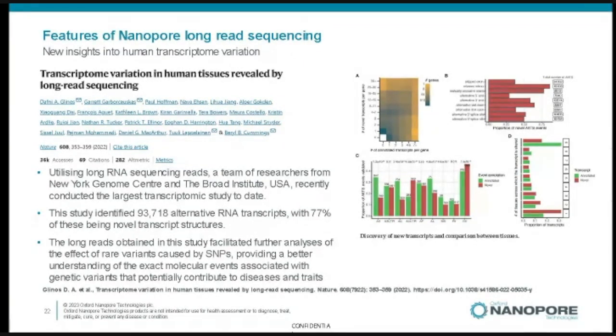With the help of long-read sequencing, they are able to identify 93,718 alternative RNA transcripts, with 77% of these being novel transcript structures. So this shows that with Nanopore long-read sequencing, we are able to provide new insight into a standard, well-studied model organism.